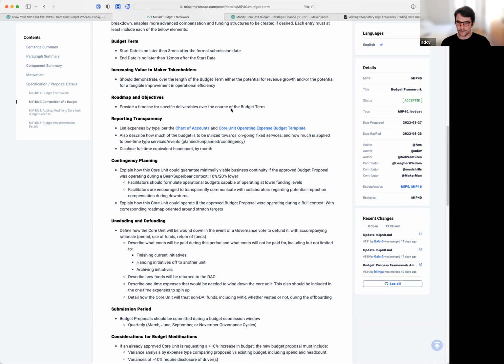The roadmap and objectives will set a deadline for accountability purposes, but also explain that if you invest in 12 months of people, at the end you're going to get X. Of course, things might derail, or go faster or slower, but at the very least you have a benchmark for that discussion at the end of the budget term, when it's time to renew or stop, or increase or decrease, or whatever the case may be. Having a clear roadmap is quite important to this effect.